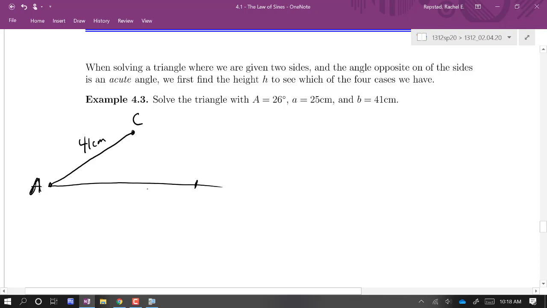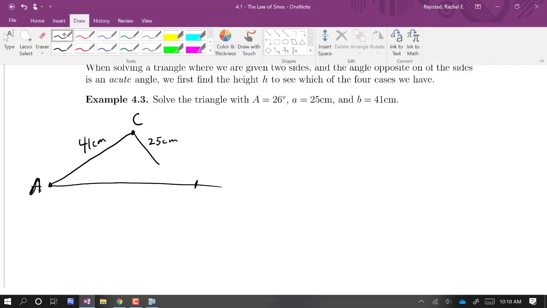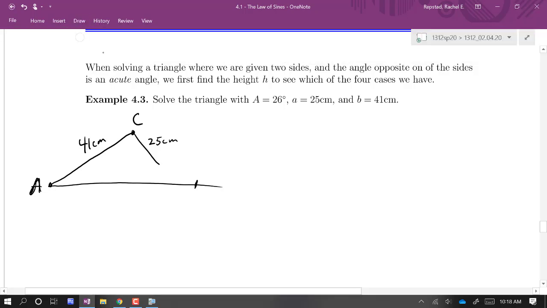But I'm kind of stuck. I'll note that side A is less than side B, so there's either going to be two triangles I can draw or no triangle I can draw. So I've got an incomplete picture right now. What I have to do first, since side A is less than side B, is figure out what this height is.